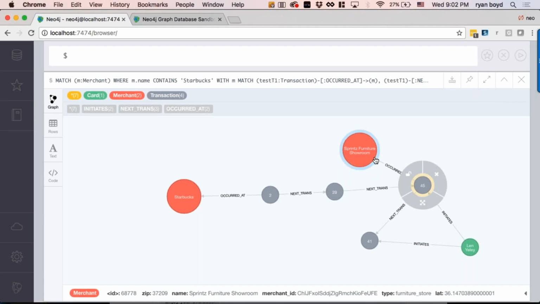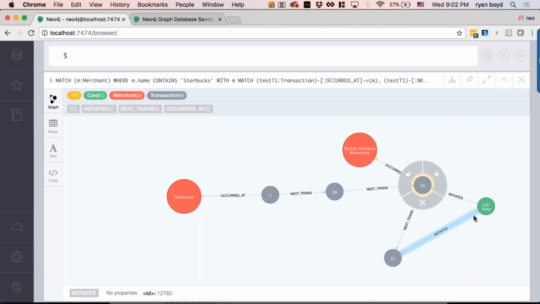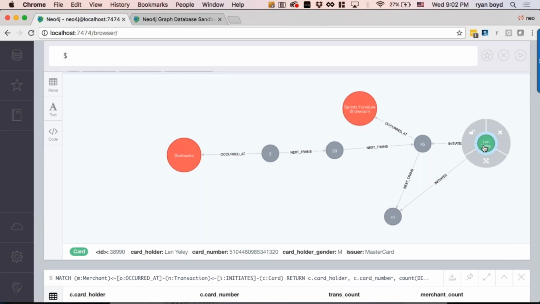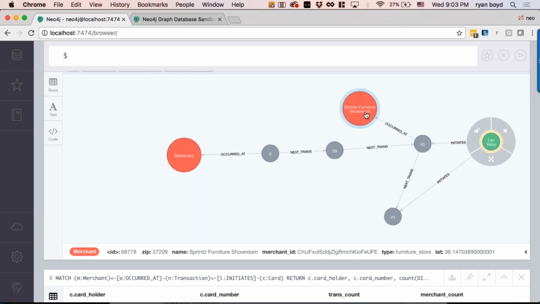And so that furniture showroom, they bought something for $45, and we can see that all of these transactions were initiated from a particular card. So this card, a MasterCard, you can see at the bottom here, a MasterCard with a card number held by Len Yaley, a male, has made this transaction for $45 at the Spritz Furniture showroom.